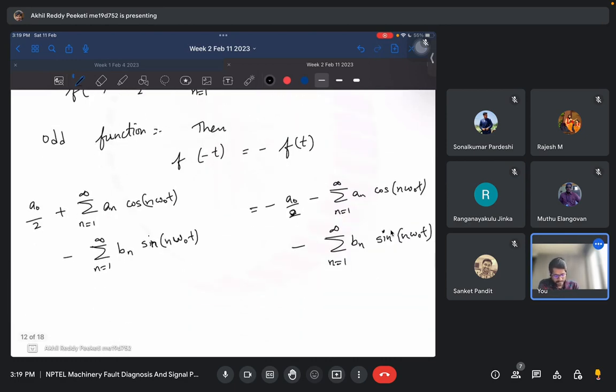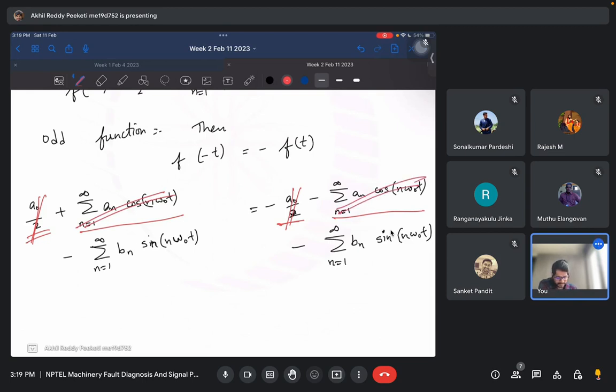Now if you see, here you have positive a naught by 2, here you have negative a naught by 2. So if a naught exists, then this condition won't be satisfied, right? So in your function the a naught term shouldn't be there. Similarly, if you look at the cos terms, here they are positive, here they are negative. So if you have cos in your function, then the odd function condition won't be satisfied, so you shouldn't have cos either.